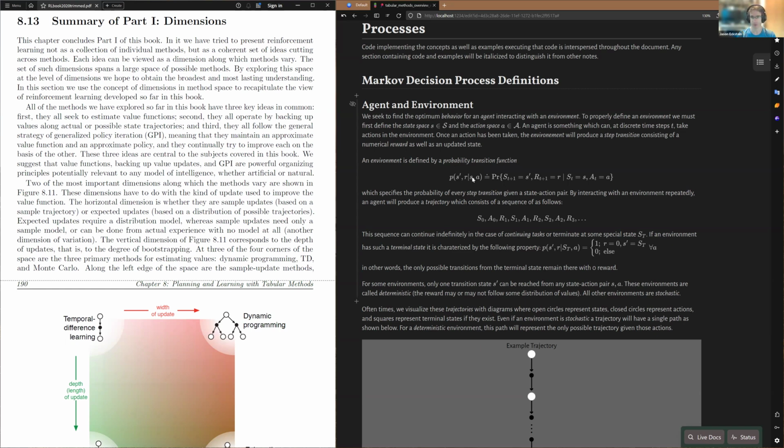In the tabular case, we could form a list of all of these transitions and have a matrix or array structure of these probabilities. But in general, this function could just be a function that gives you the probability, and you can't necessarily write down all the values, especially if the action or state space is continuous. In that case, it could be infinitely big or just too big to manage.